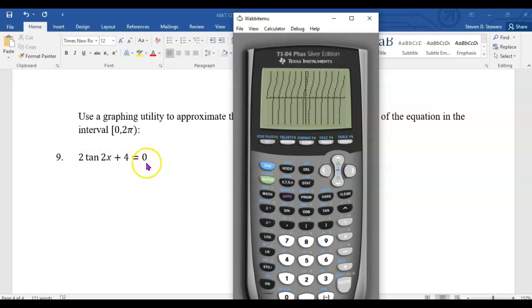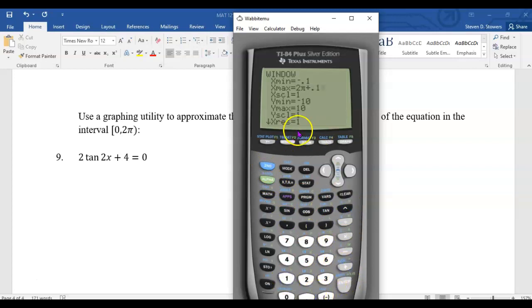Now, the places where that's equal to 0 correspond to the x-intercepts on the graph. I can see a whole bunch of them, but we only want the ones between 0 and 2 pi. If it helps you to focus in on just those, we can change the window so that it just shows that interval, or maybe a little bit outside it, like maybe from negative 0.1 to, let's say 2 pi plus 0.1.